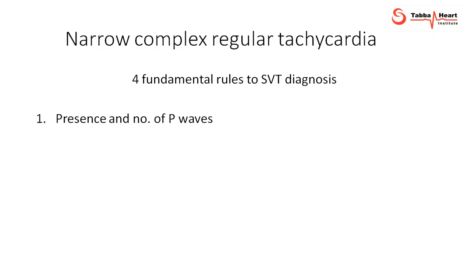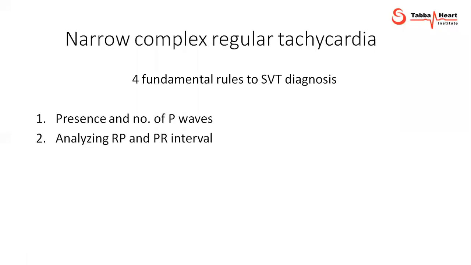where we will talk about narrow complex regular tachycardia. And we have 4 fundamental rules of reading an ECG with a narrow complex regular tachycardia. All right, is to look for P waves, presence and number of P waves.